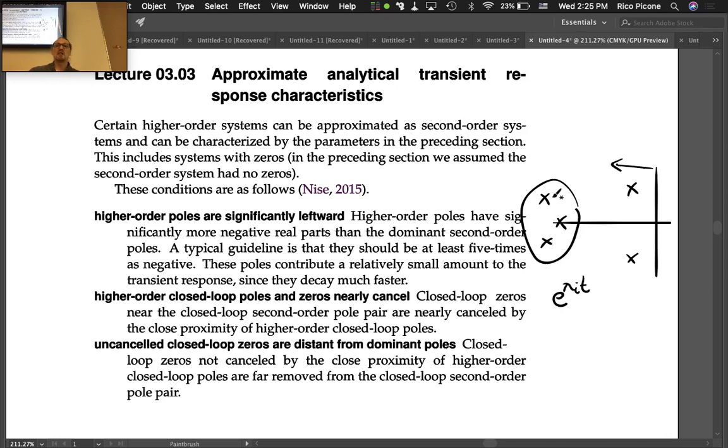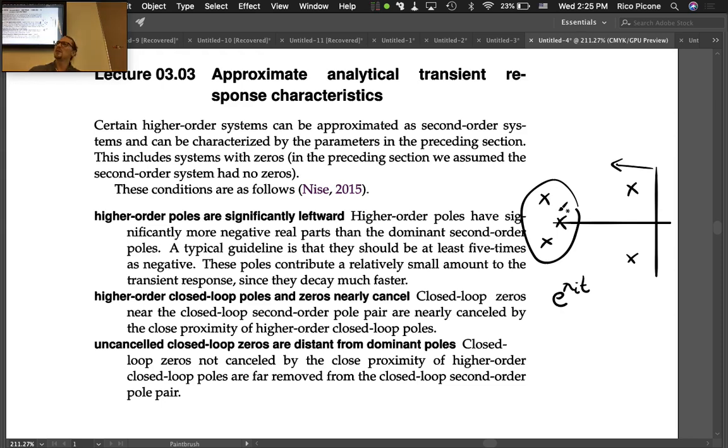If that's a large magnitude negative number, then we have something like e to the negative 100t. Even in the first time step, e to the negative 100t is going to be decayed way more than one at e to the negative 5t, the one that's closer to the axis, the one that has a smaller magnitude.